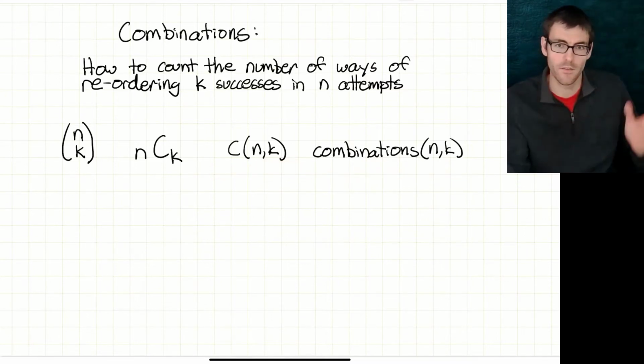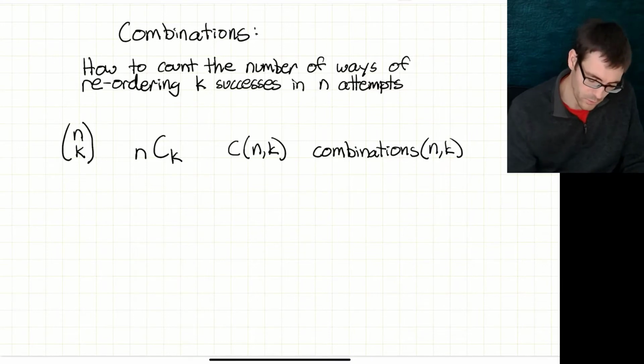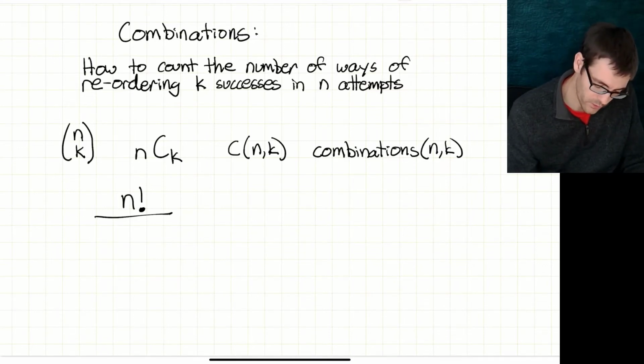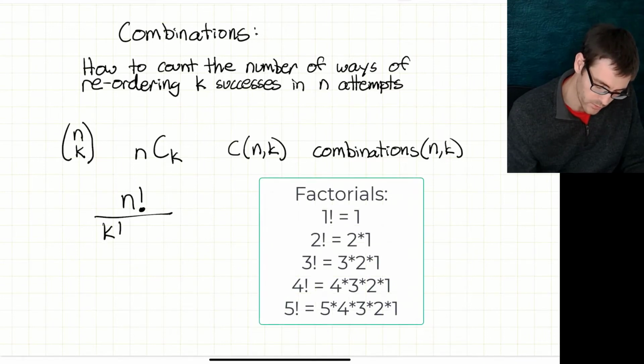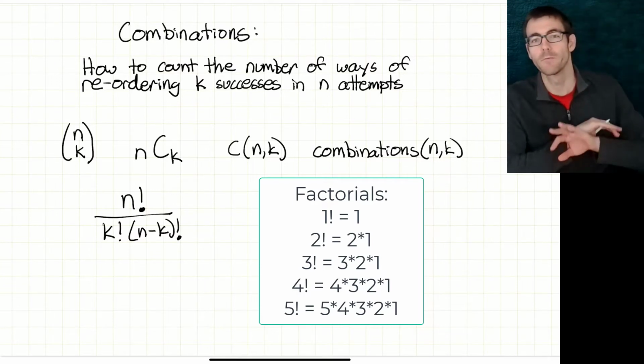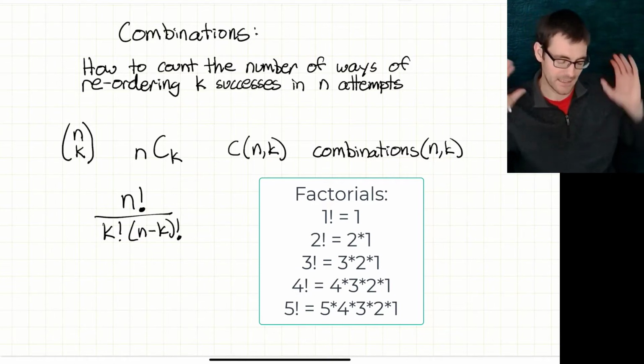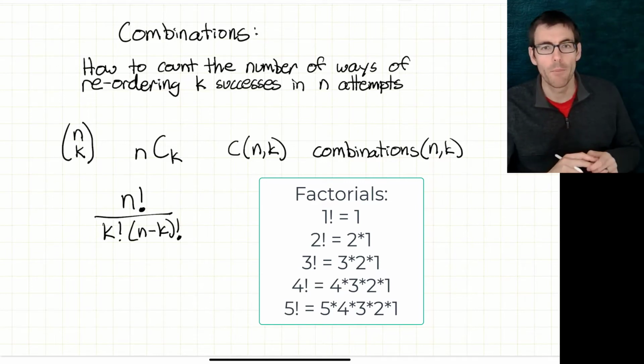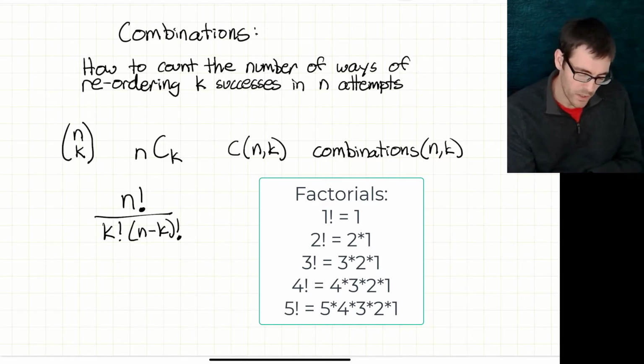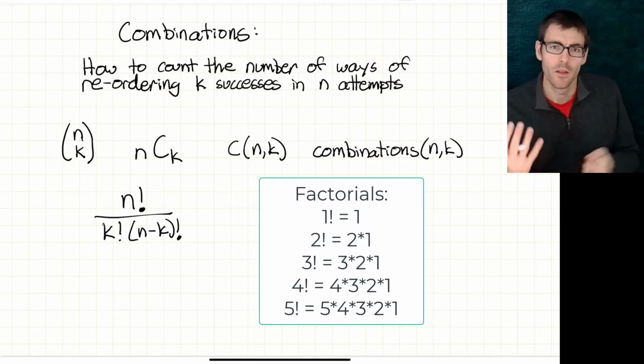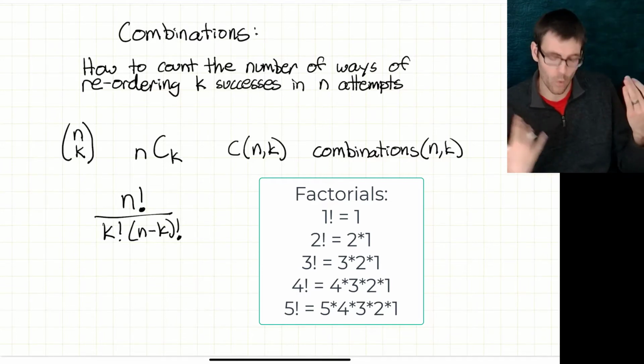But regardless of how it works, what all of these things are doing is finding n factorial over k factorial times n minus k factorial. And if you haven't seen factorials before, don't worry about it. Again, we're not really diving into what this is doing. But the point is that we are adding up all the different ways of ordering something.